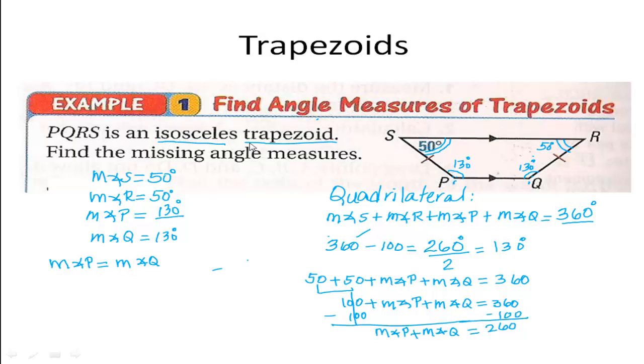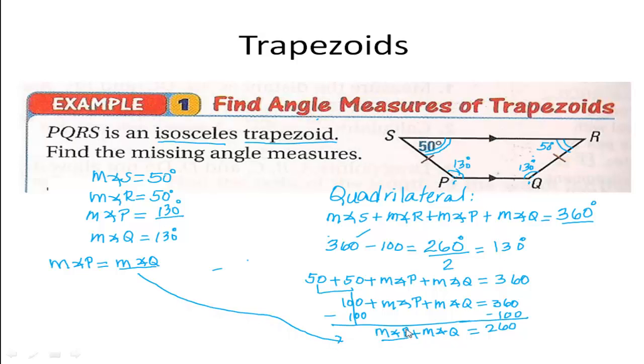Because it's an isosceles trapezoid, and the definition, the property says that the base angles in an isosceles trapezoid are congruent. So I know that they have to be equal. Knowing that they're equal, I can rewrite this expression and I can substitute the measure of angle P with the measure of angle Q.